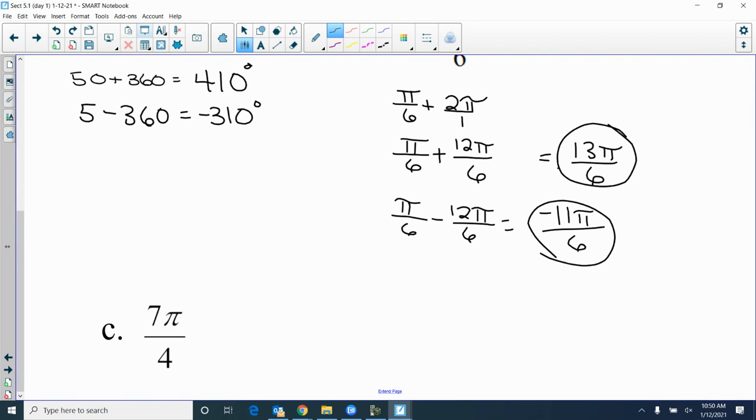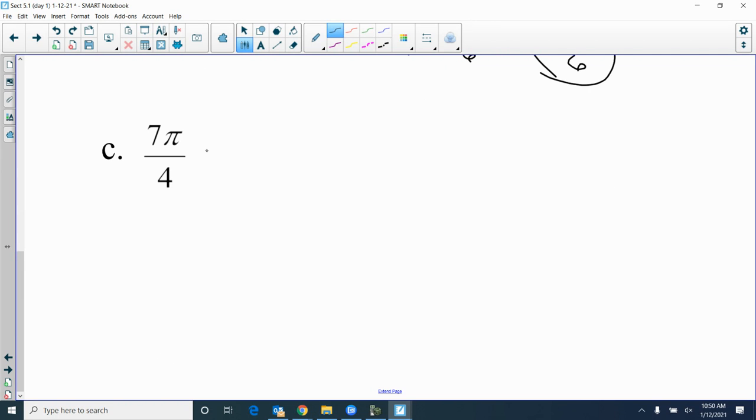Yep, very good. Tyler, what do you got? 15 pi over 4 and negative pi over 4. Good. So you're adding 2 pi, which you convert to 8 pi over 4, and that gives you 15 pi over 4, like you said.